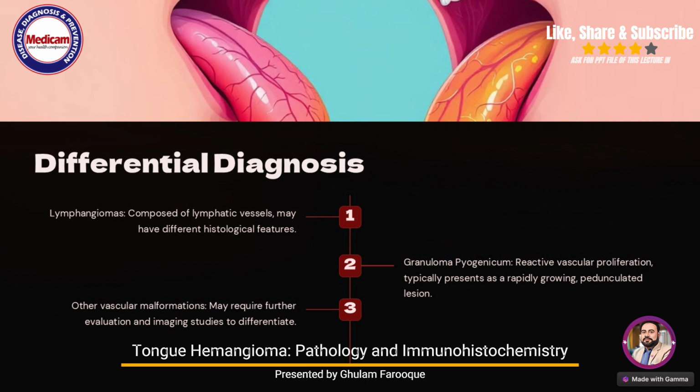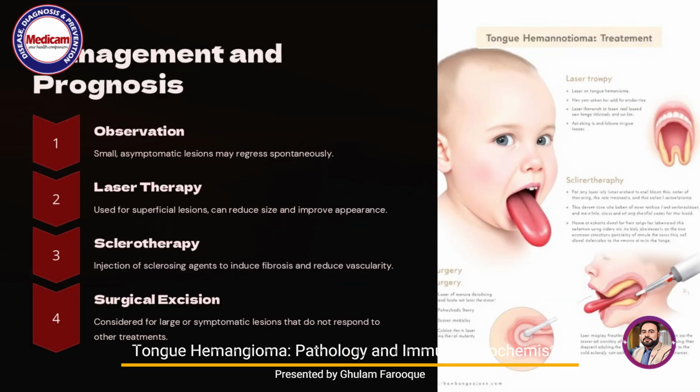Other vascular malformations, such as arteriovenous malformations and venous malformations, differ by their lack of endothelial proliferation and persistence from birth. Histopathology and immunohistochemical markers aid in differentiation, management, and prognosis.